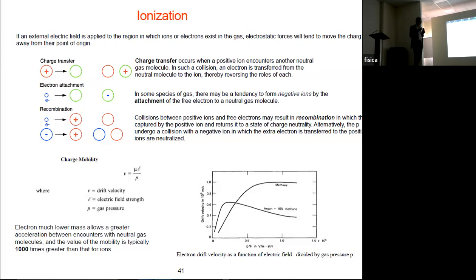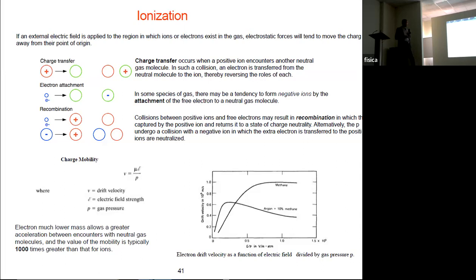electrons and ions, that's called charge mobility or their motion. In order to detect and measure the energy of each particle in the detector, we need to collect these ions and electrons.